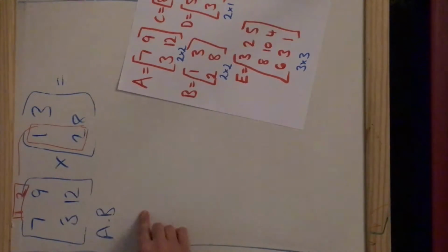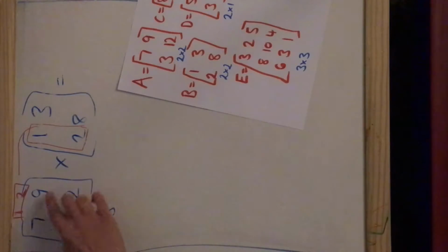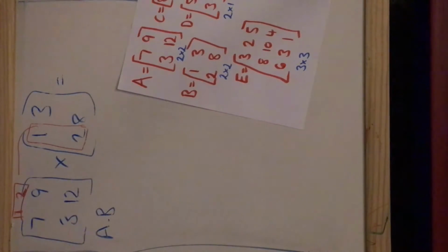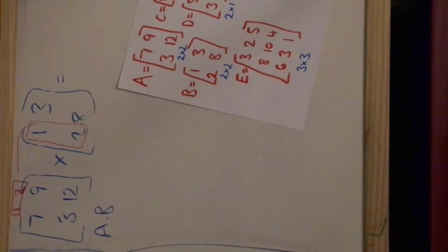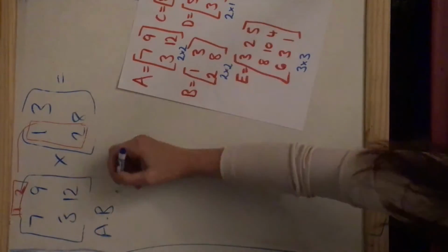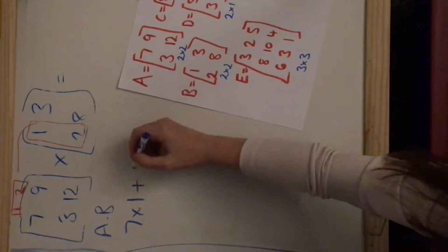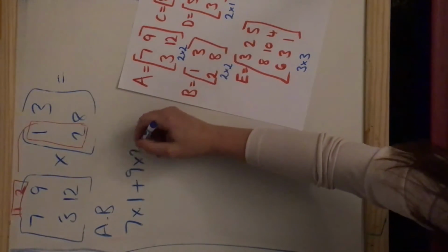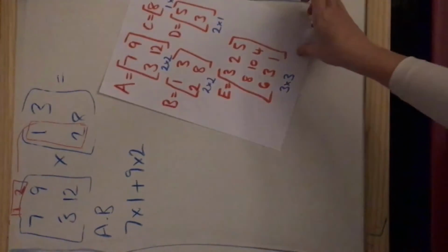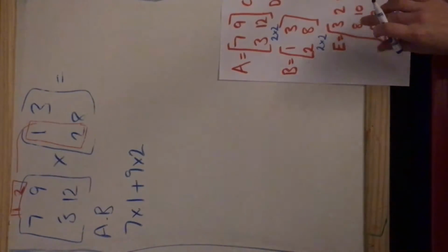So to get our first number, we would use the 7 and the 9. We do this by multiplying the 7 by the 1. So 7 multiplied by 1, and then we add the 9 multiplied by 2. And that gives us our first number of our answer.